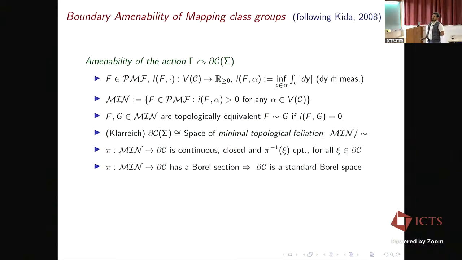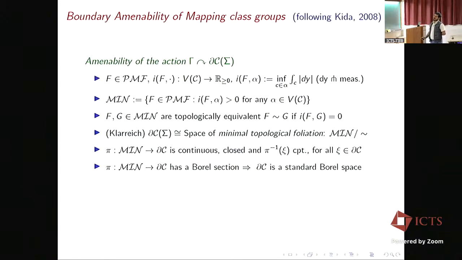Now, it was a result by Erica Klarreich. She described the boundary of the curve complex as the space of all minimal topological foliations. This is the minimal measured foliation, this is the minimal topological foliation, and this space is described as the quotient of this space under this equivalence relation.